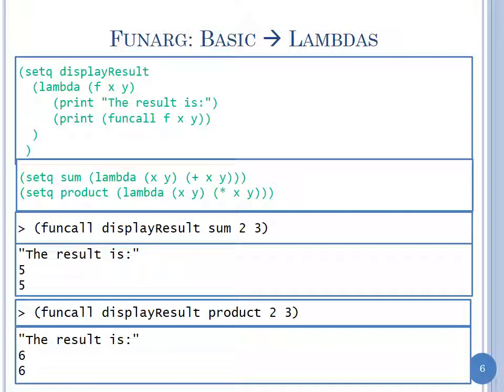You could make a list with plus as the first element, and then pass the arguments, and basically make a call like that. That would work.